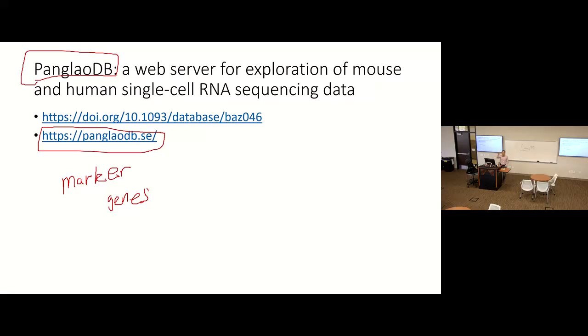It's a so-called secondary database, and it's pretty good. They processed the GEO database and also single-cell data from European government-based databases. They process these data sets in a uniform way, so you can cross-validate or compare cell type annotation even across different studies.